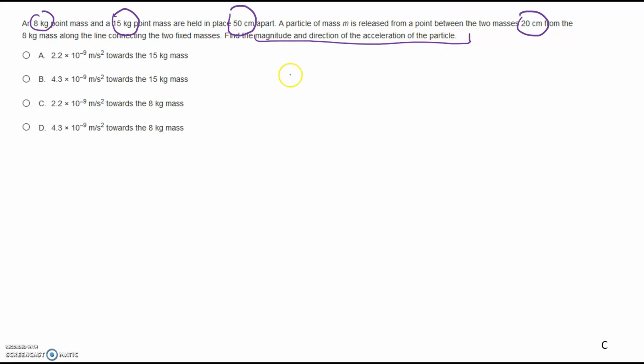So I drew a picture because I kind of need to see this. This is 8, and here's 15, and this is 50 centimeters, which we're going to have to convert to meters. And when I let the other mass go, it's here, and this is going to be 20, and this is going to be 30 centimeters.